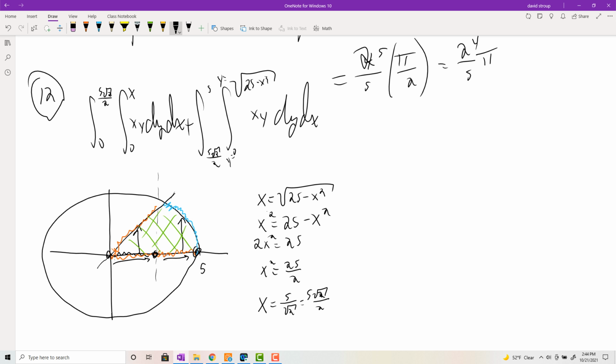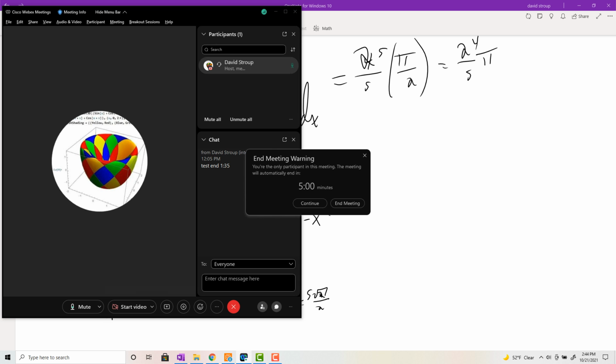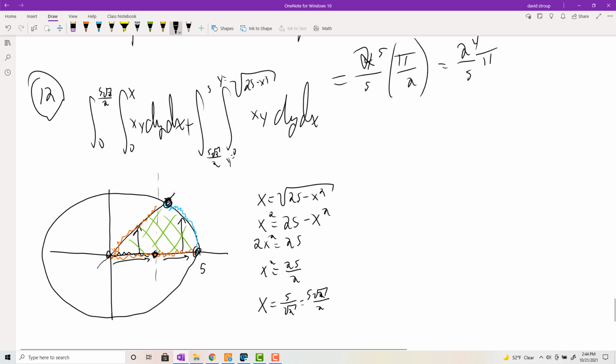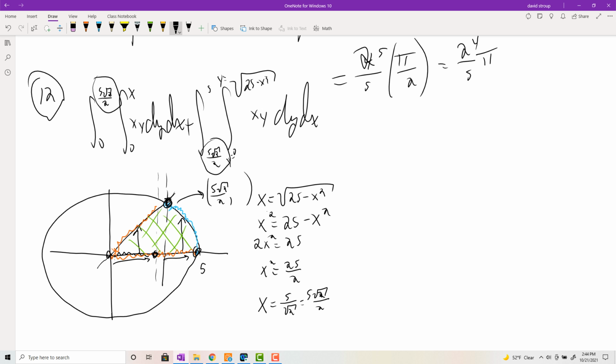So this point right here is at that frontier point on the integral that was originally given. So this point is 5 root 2 over 2 comma, if you plug that into your formula for the circle, 25 minus 25 over 2, it's the same thing, so 5 root 2 over 2. But that's not going to matter, right?